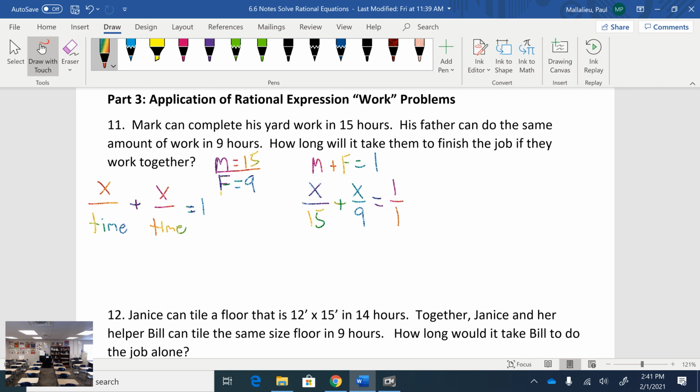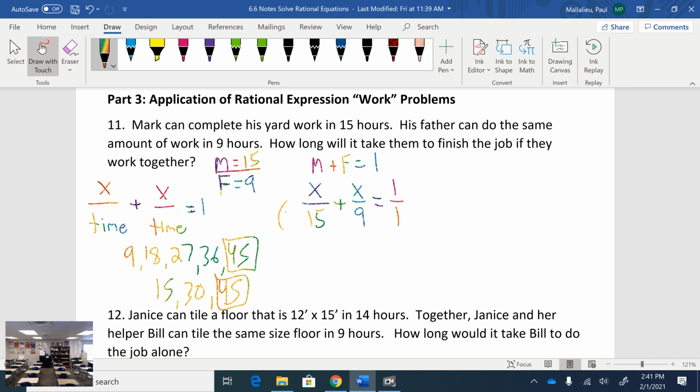We lay those out with multiples: 9, 18, 27, 36, 45. I'm going to stop there, because then we'd have 15, 30, 45. So we've got our least common denominator there.